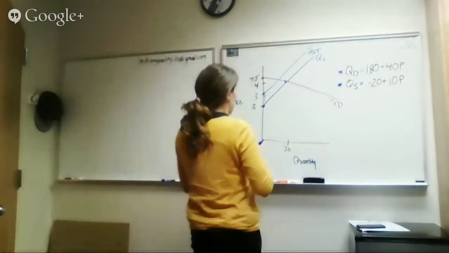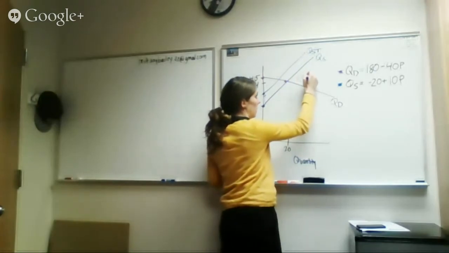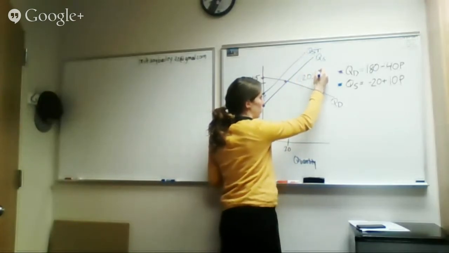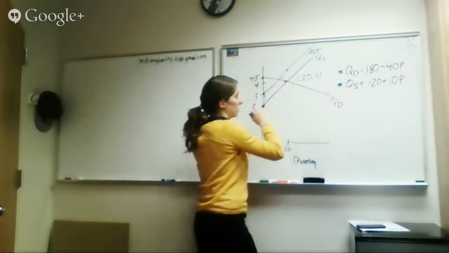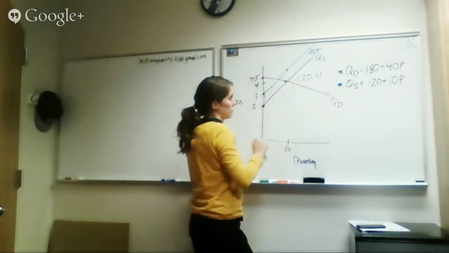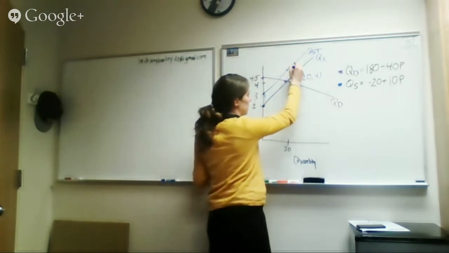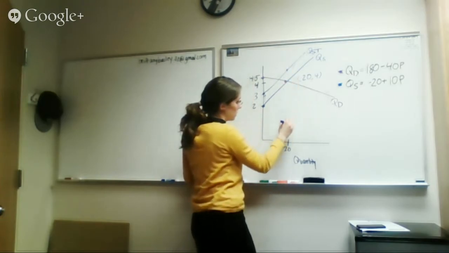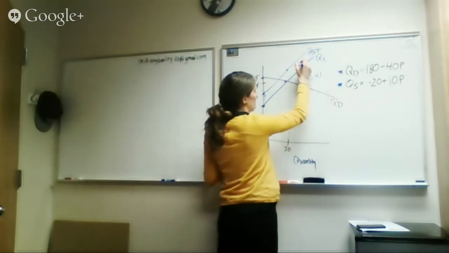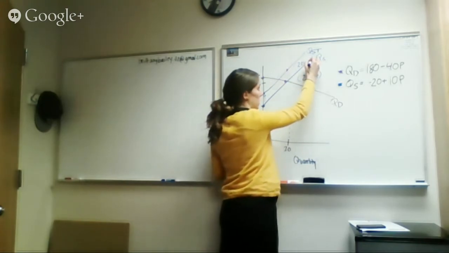So before the tax, we knew that this point was quantity 20, price 4. And on this new line, that point is going to be still in the same quantity, but the price is going to be 1 more, right, for the $1 tax.